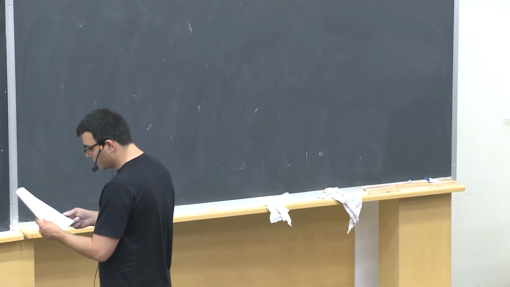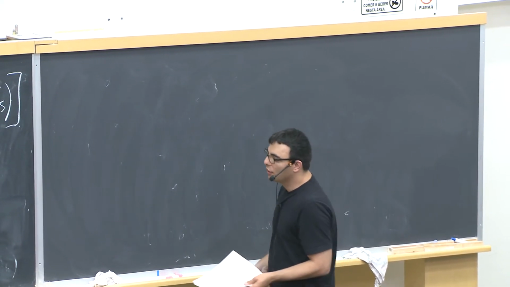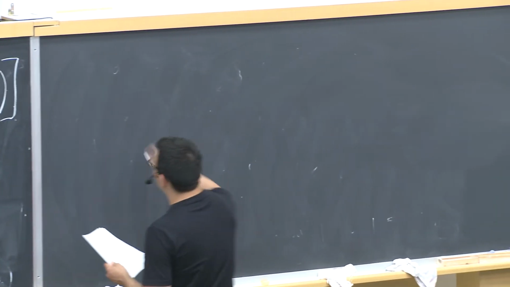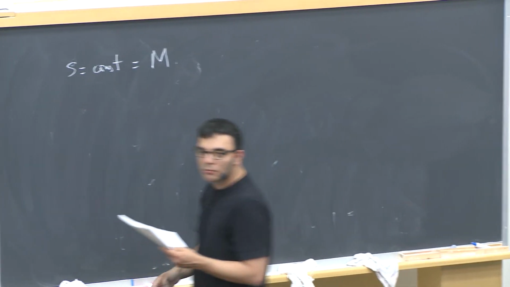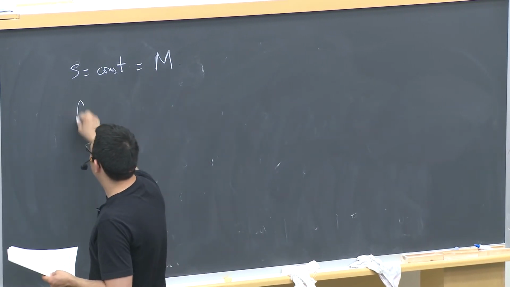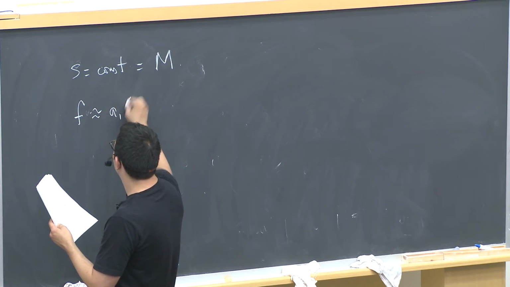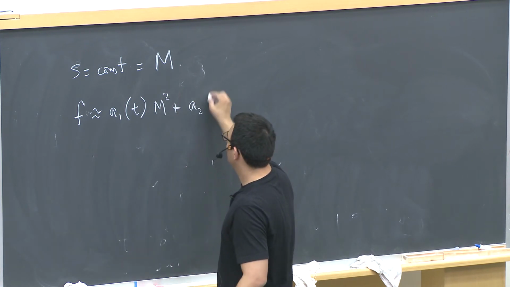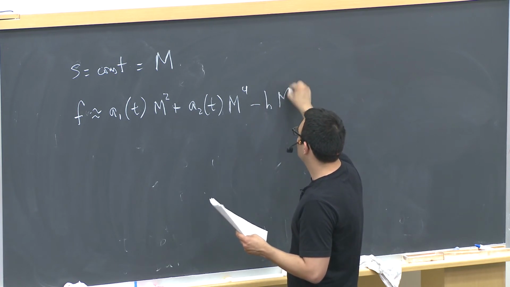Right. OK, so to minimize f of s, what do we need to do? Well, we have a term with a gradient, so that's going to be minimized when s is a constant. So let's take s to be a constant and equal to the magnetization, m. The free energy density then is approximately A1, which depends on t, times m squared, plus A2, which depends on t, times m to the 4th, minus h times m.